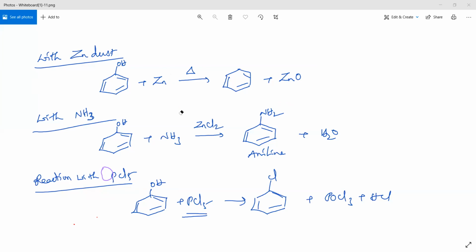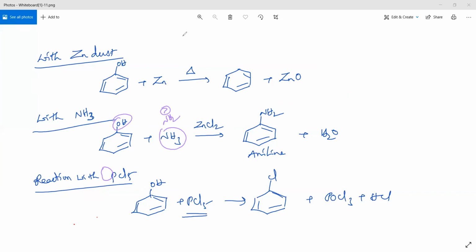With ammonia, OH is substituted by NH2, giving aniline. With PCl5, OH will be substituted by Cl.